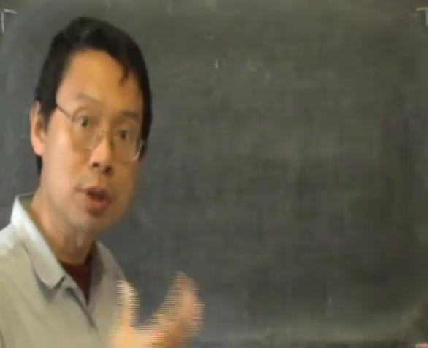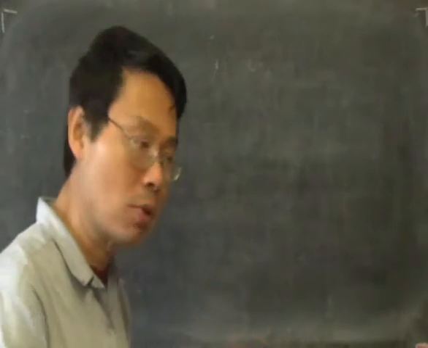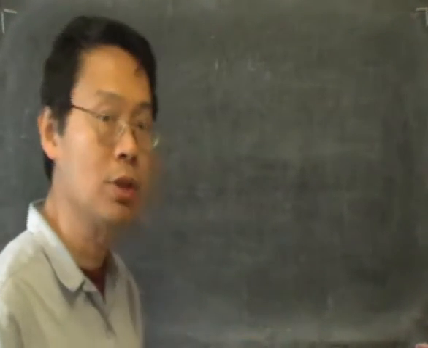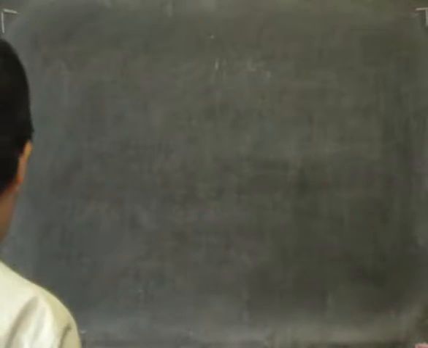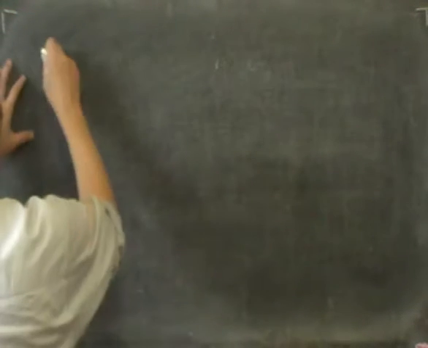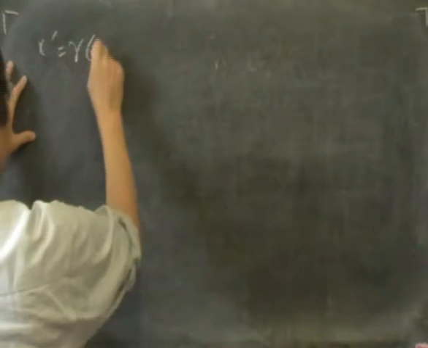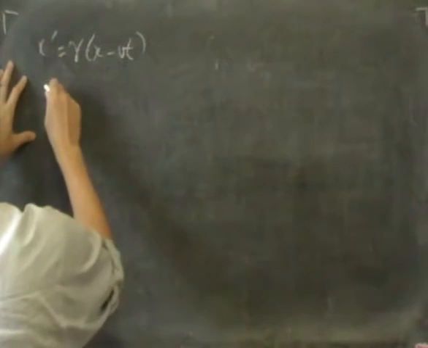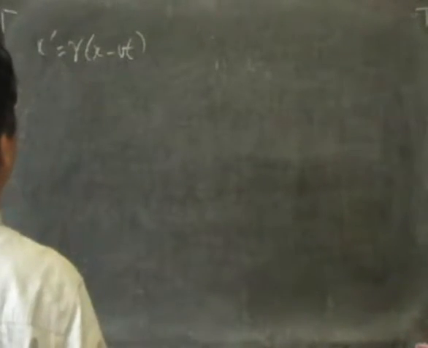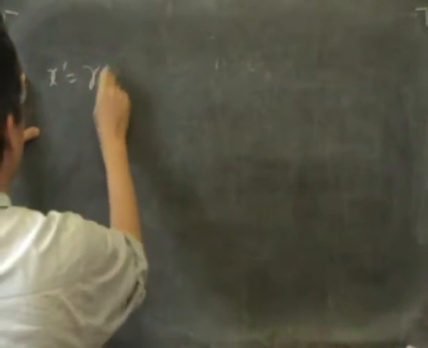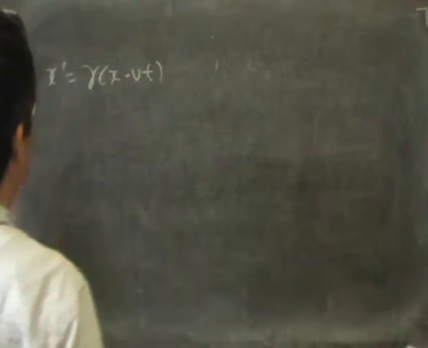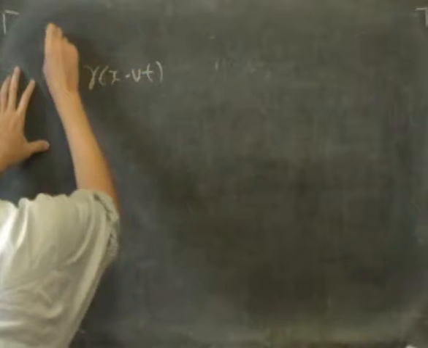So I'll try to motivate the idea by going back to the Lorentz transformation equations and start rearranging it from there. That's one. Now, the other one is the time.